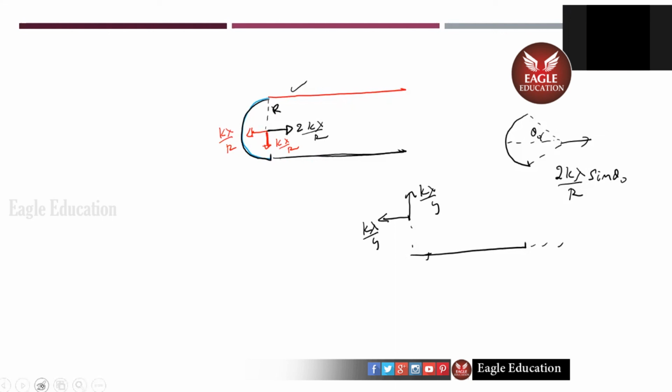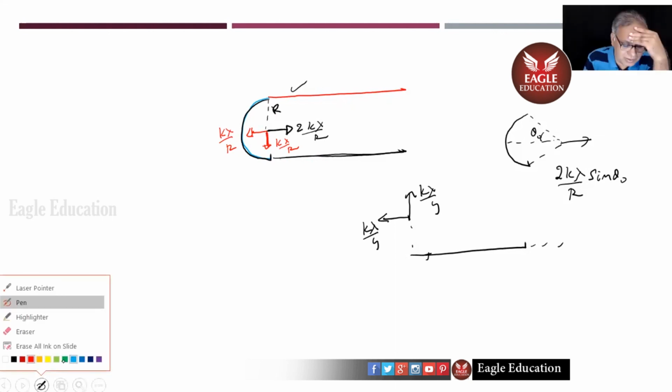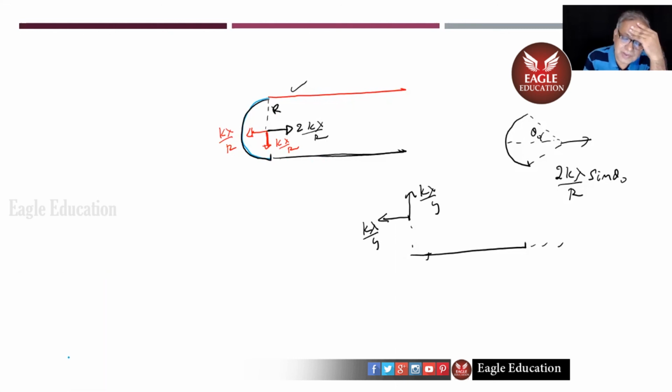If you can tell this, then I'll say that you are all right. So for this, where should I show? This is k lambda by r. This is k lambda by r. So ultimately, E will be 0.